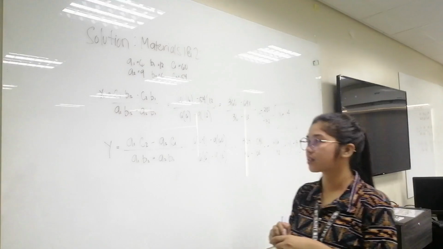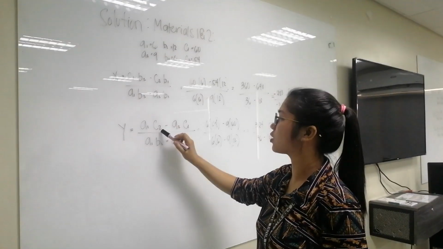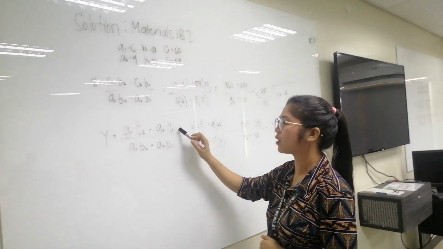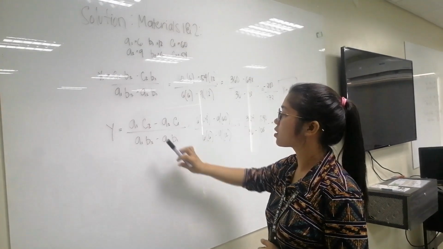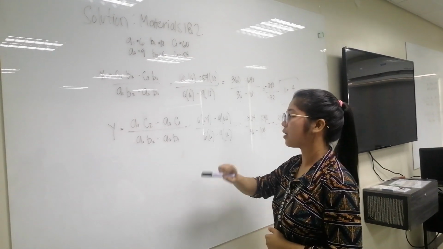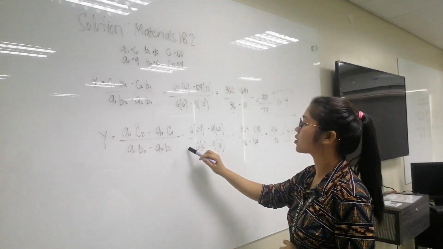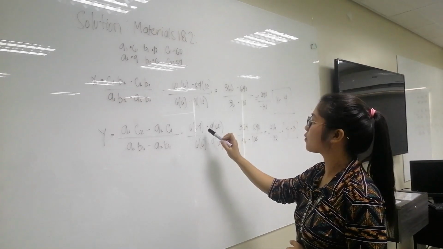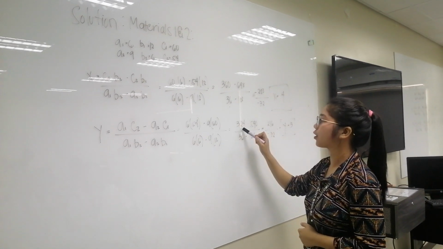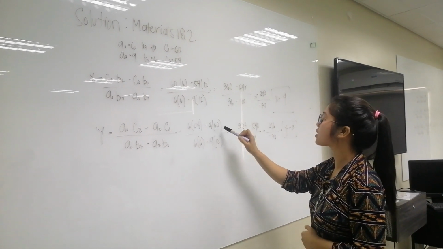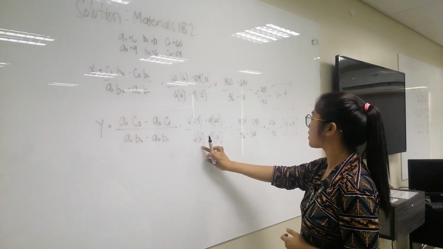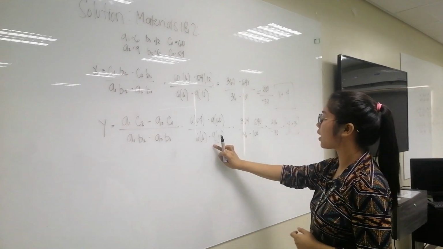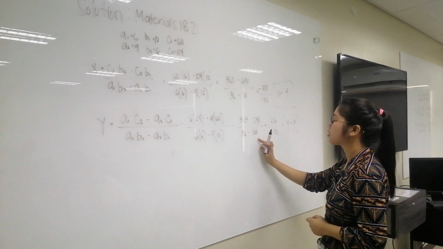And for the y, A1 times C2 minus A2 times C1 over A1 times B2 minus A2 times B1 is equal to 6 times 54 is 324, minus 9 times 60 is 540. 6 times 6 is 36 and 9 times 12 is 108.